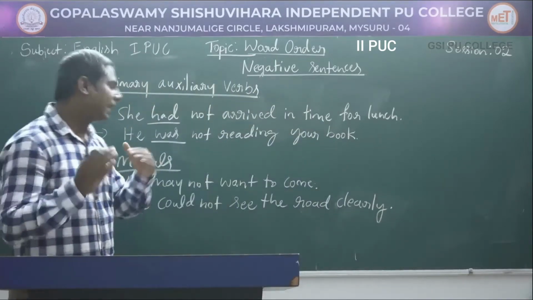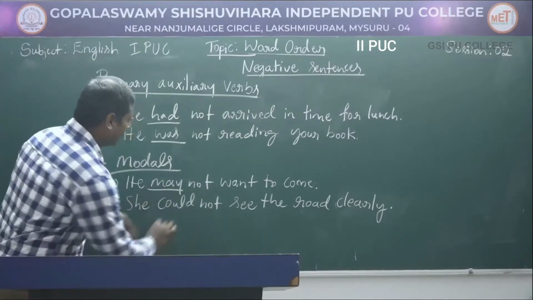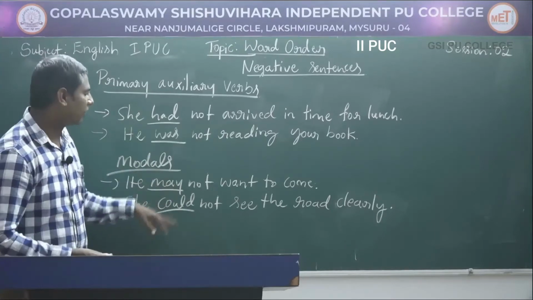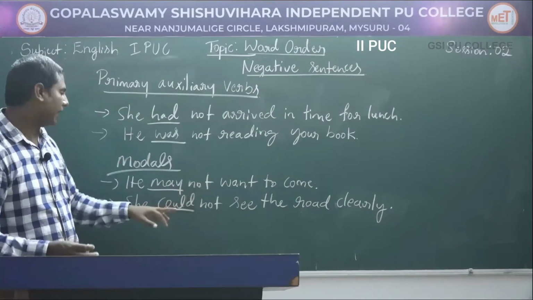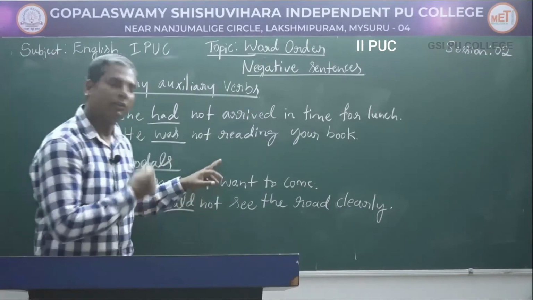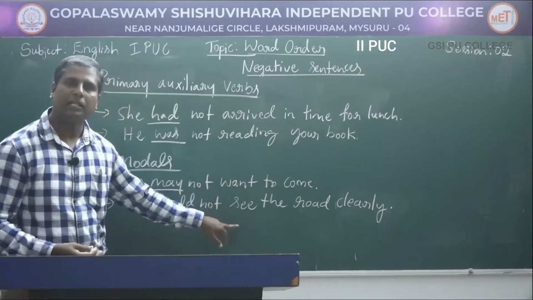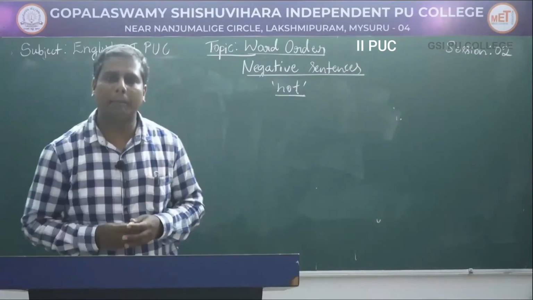So notice that in these two sentences, the modal verbs may and could are placed before the word not, and these two words, that means the modal verbs and the word not, are followed by the main verbs want and see.